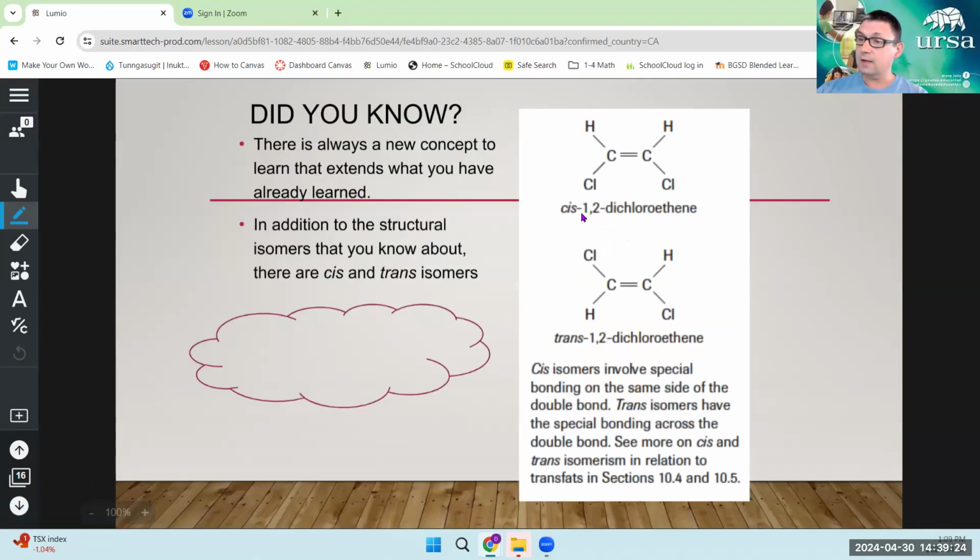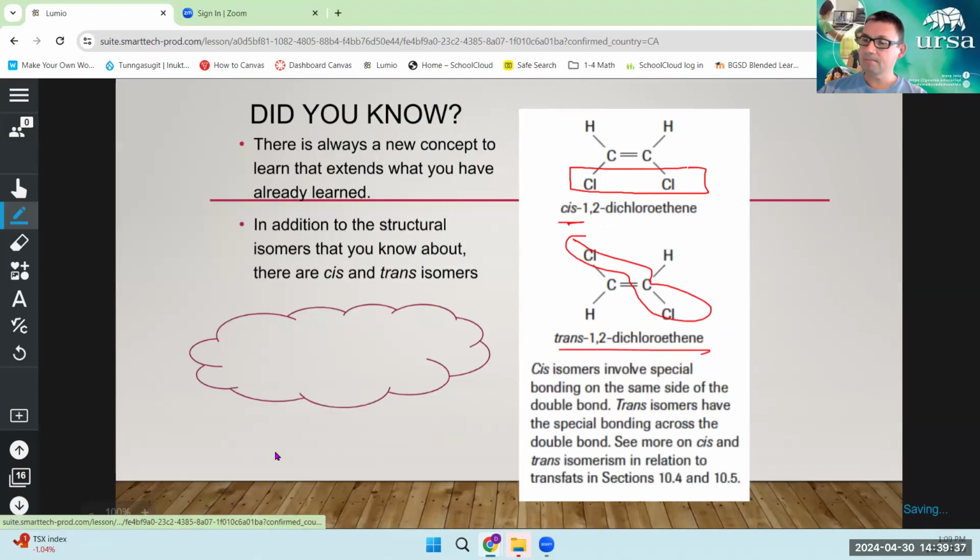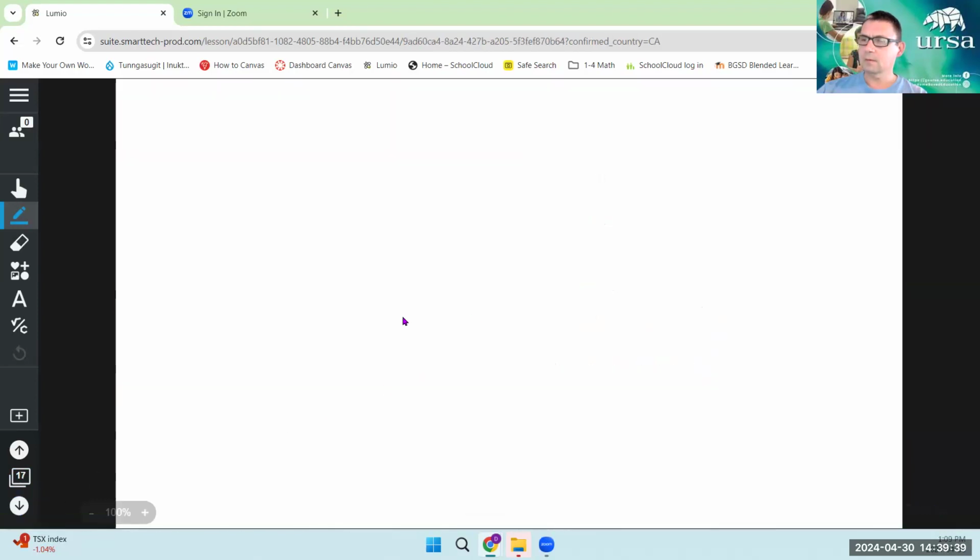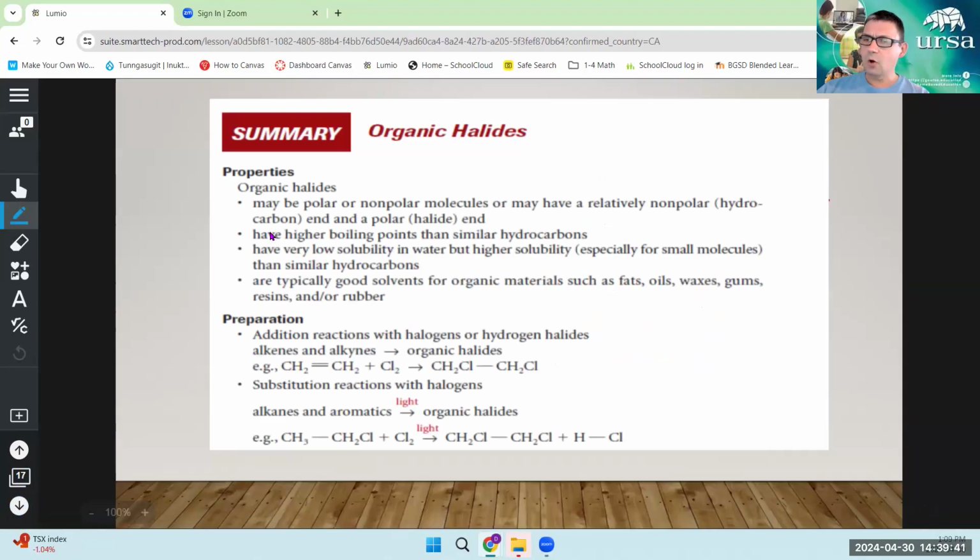Now, the other thing too is that when you look at a bond, if the side chains appear on the same side of the double bond, that's cis. Opposite sides, such as we see here, that's trans. So organic halides may be polar or nonpolar, with higher boiling points because of their molecular structure, low solubility, and typically good solvents.